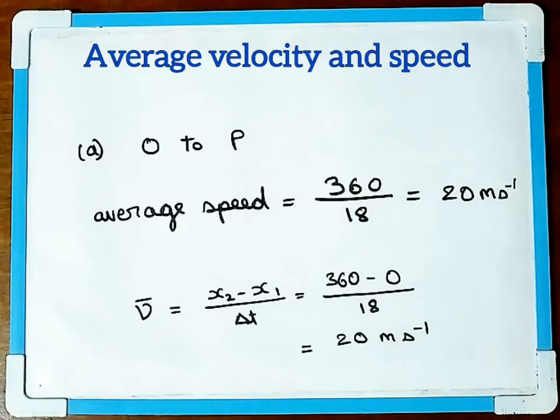So here you can see that since the car is traveling in the same direction and the total path length is equal to the displacement, hence the average velocity and the average speed are the same.